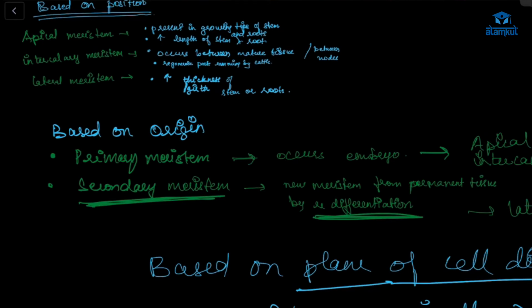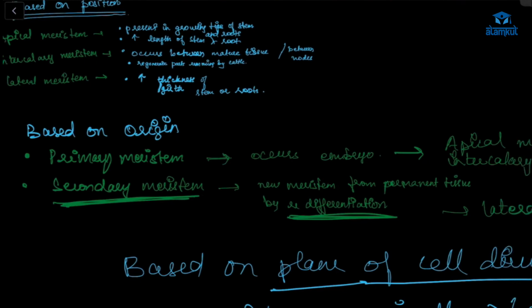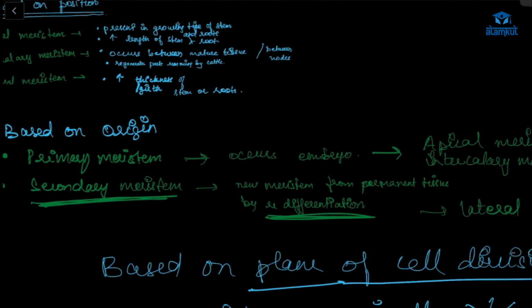For dividing, there will be secondary meristem, which forms from the permanent tissues, and they will redifferentiate. That means permanent tissue will again start dividing.